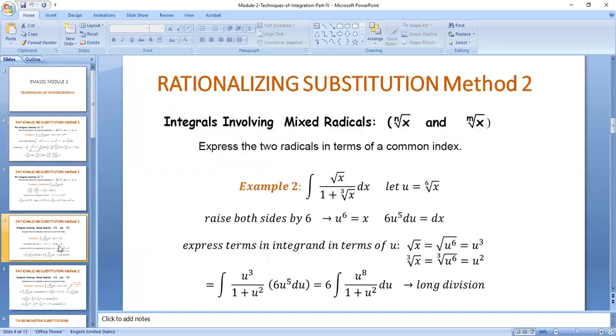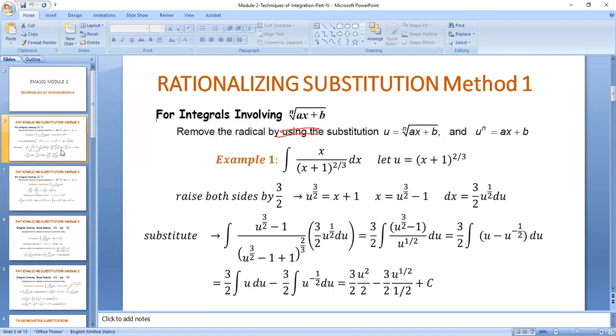So method 1 is done. So what is method 2? This is for integrals with mixed radicals. Mixed. Take note of this. Mixed radical. Our first example does not have a mixed radical here because you only have one radical expression. This one.